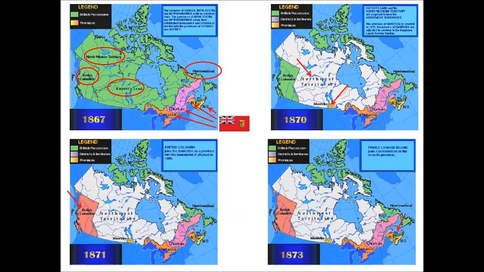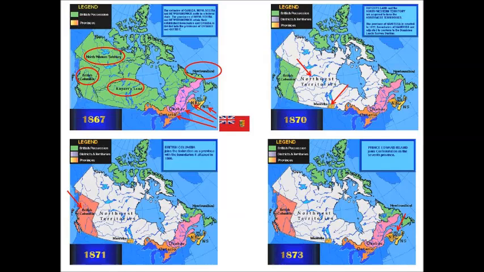So the Northwest Territories was renamed that in 1870 from the amalgamation of Rupert's Land and the Northwestern Territory. And then you can see in 1870 that little orange spot there, that's actually what Manitoba looked like. And Manitoba was the next province to join Confederation.